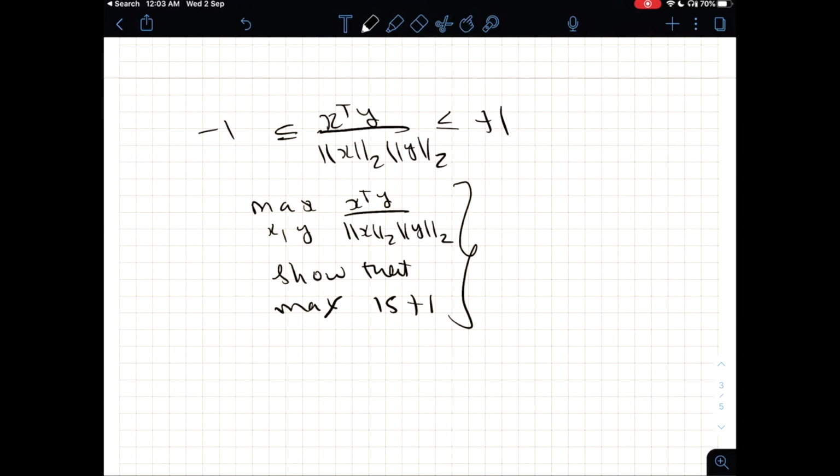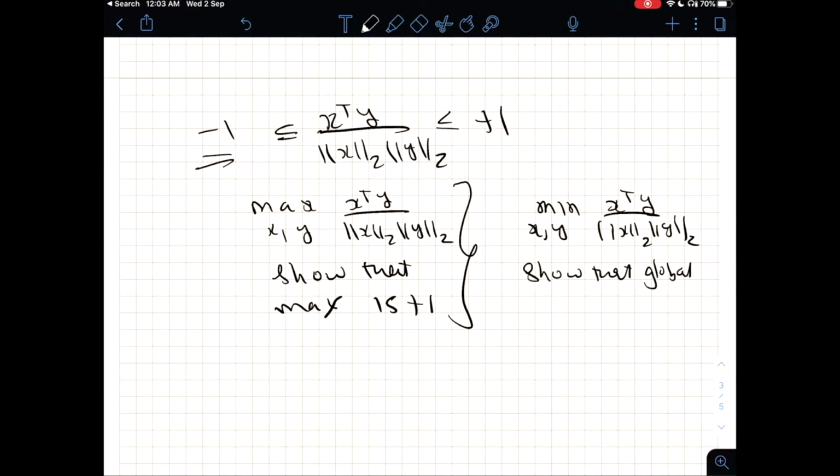And to show that it is greater than or equal to minus 1, I could take an optimization problem where I minimize this function, take this as my objective function, and show that the global maximum is plus 1 and the global minimum is minus 1. This is also global, not just local. This is a global identity. Now you would say, you have not developed any theory yet to do that. How are you going to do that?